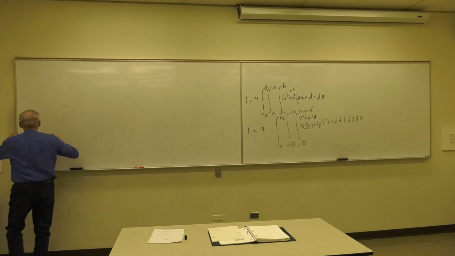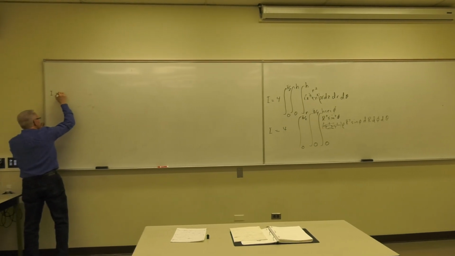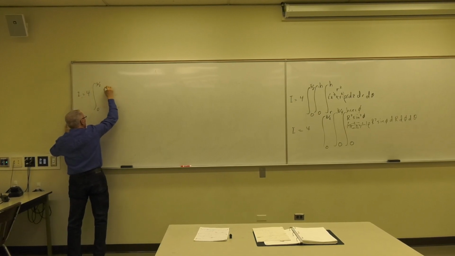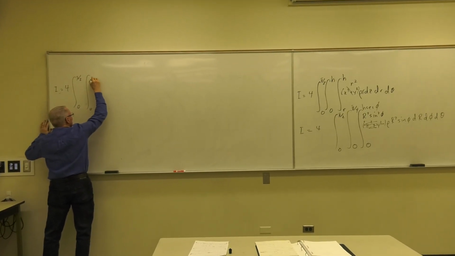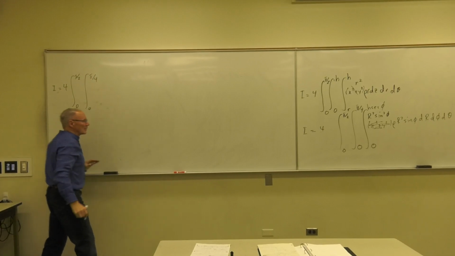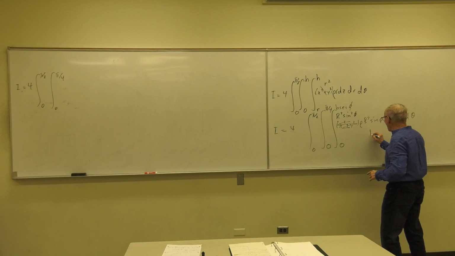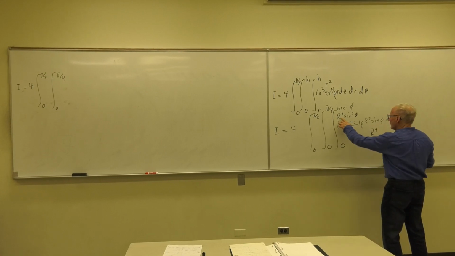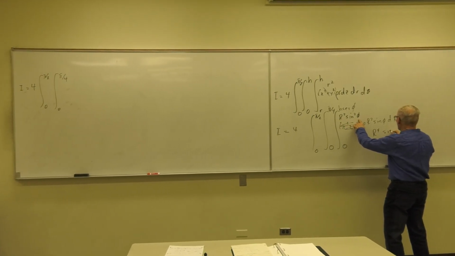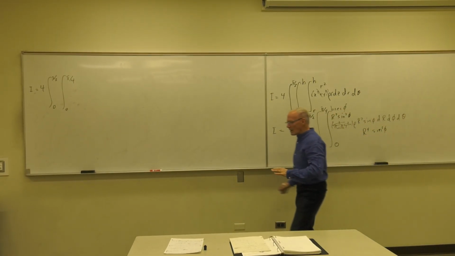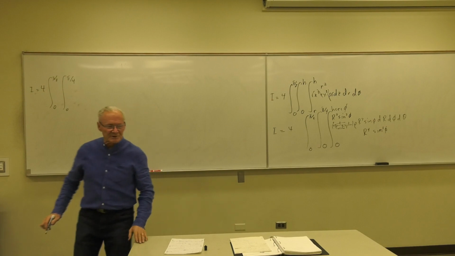So we've got I equal to 4, integral 0 to pi by 2, integral 0 to pi by 4, and we're integrating with respect to r. Let's write here that we've got r to the 4, those ones and those ones, and sine cubed phi. So we're integrating with respect to r, holding the phi's constant.